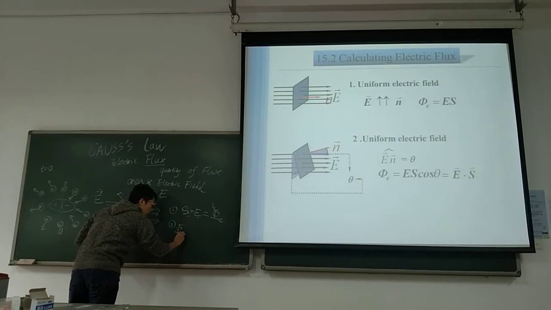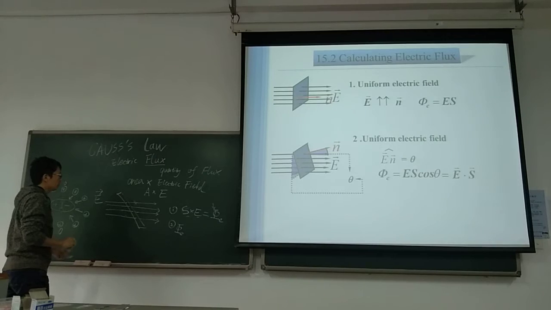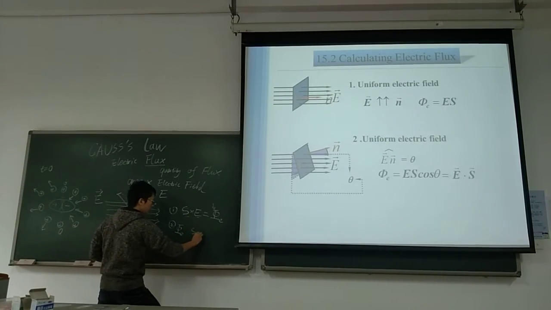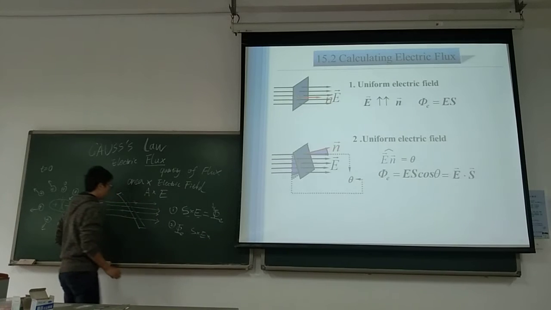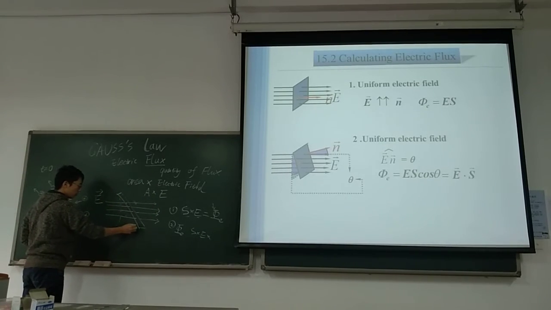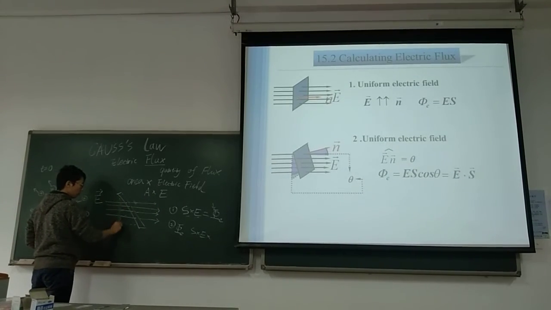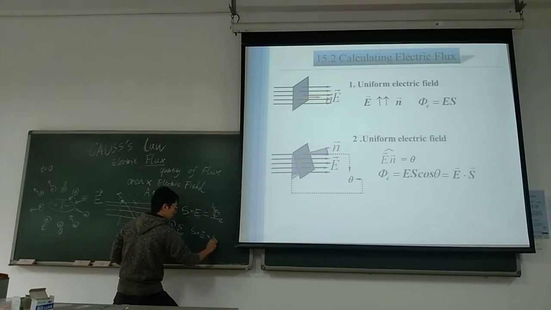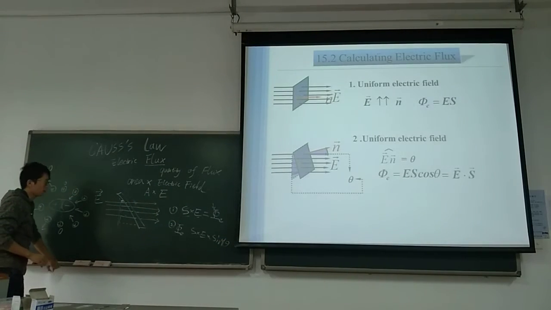The quantity of electric flux is no longer equal to S times E, and the flux equals S times E times sin theta. What does that mean?